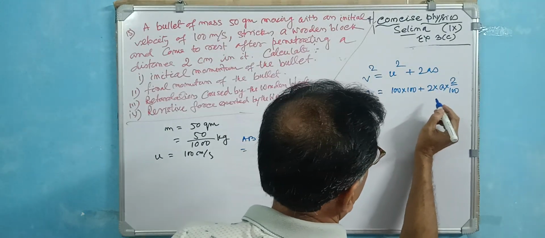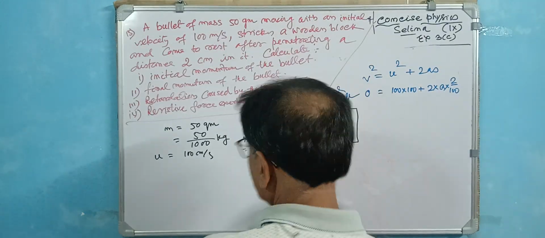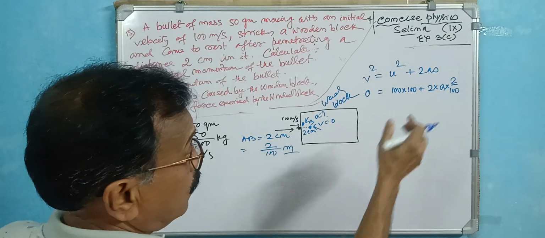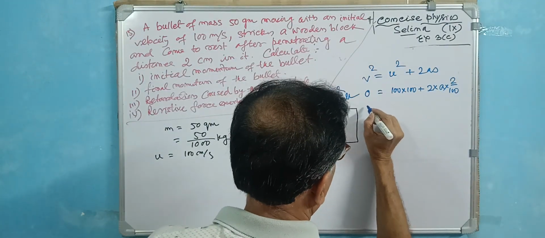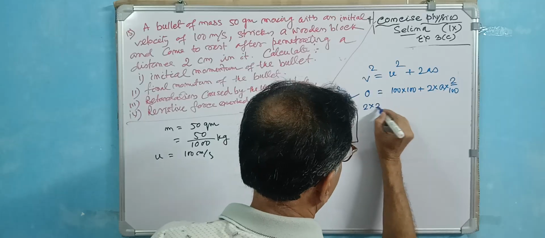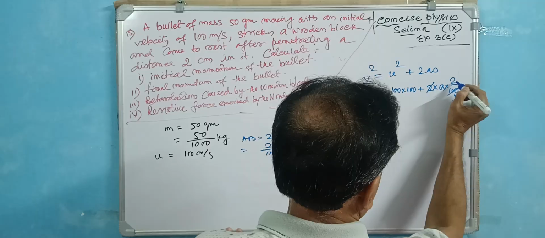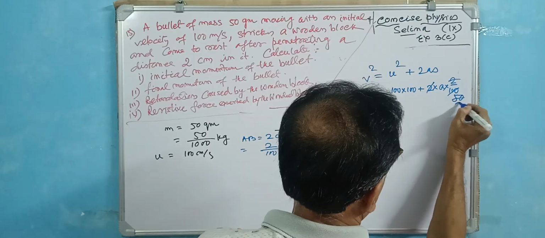So this is 2, I can cancel this. This is 50 and this is 25.